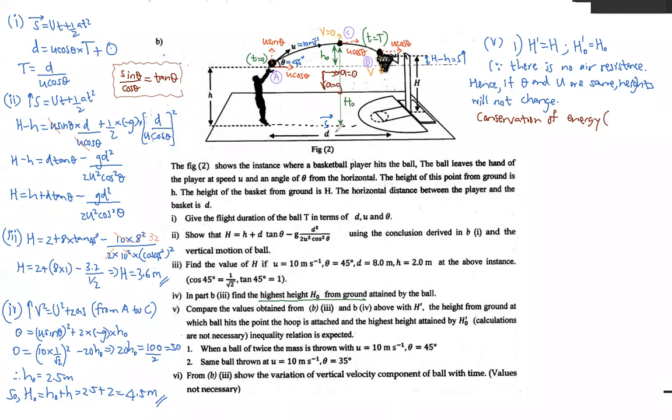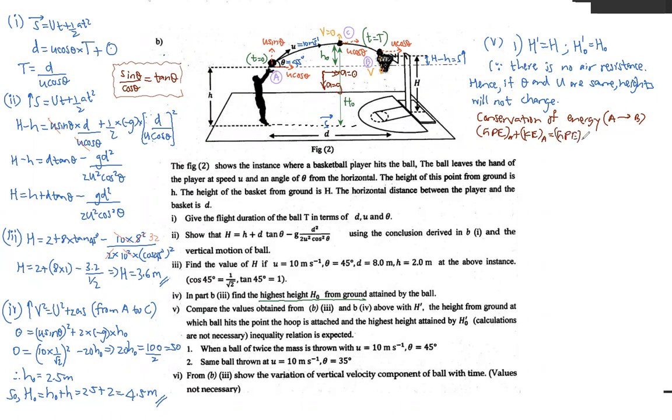Okay, fine. Let's try to find capital H naught. I have to apply it from A to B. At A, the object has gravitational potential energy and kinetic energy as well, and at B, the object will have gravitational potential energy and kinetic energy too.